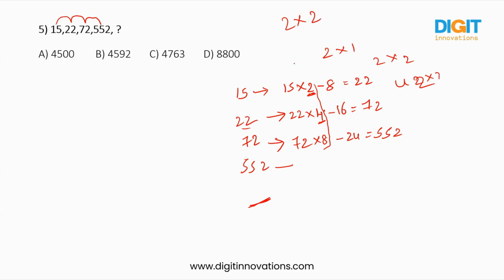First it was multiplied by 2, and the next number is multiplied by 2 again. So next you have to multiply this 552 with 16.